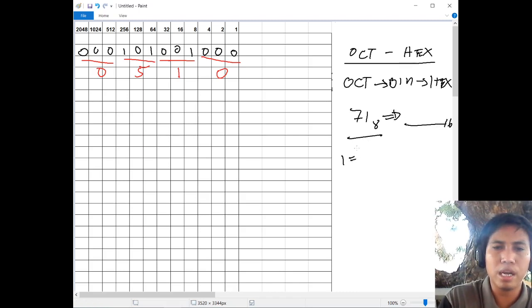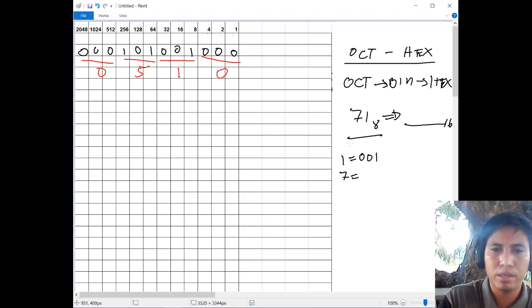Take note, if you are talking about octal, a digit of octal is equivalent to 3 bits. So 1 would be 0, 0, 1. And then we have 7. How do we get 7? 4 plus 2 plus 1.